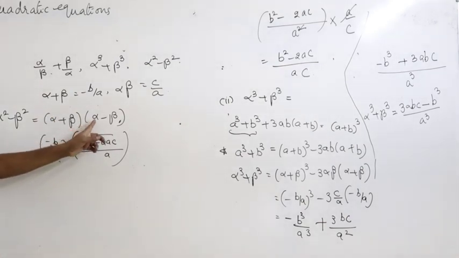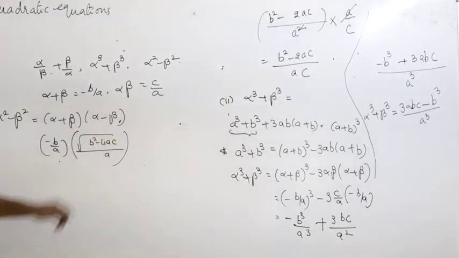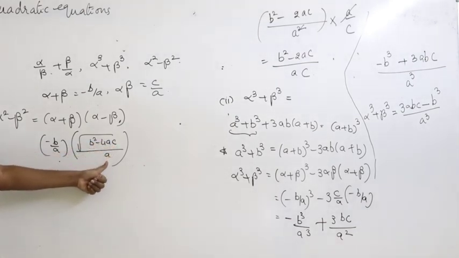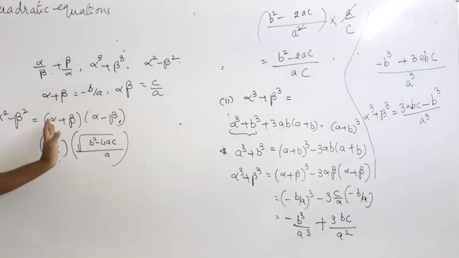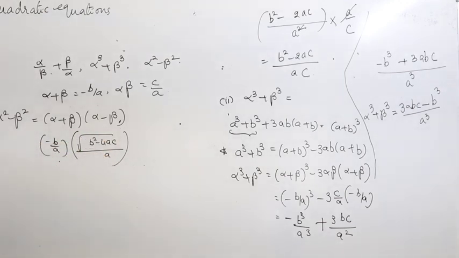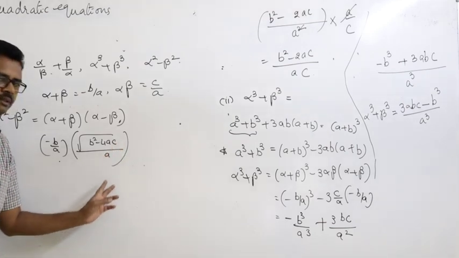Already, the difference of roots alpha minus beta is root of b square minus 4ac by mod a actually, but here it is given only as a. So alpha plus beta into alpha minus beta has the value minus b by a into root of b square minus 4ac by a.